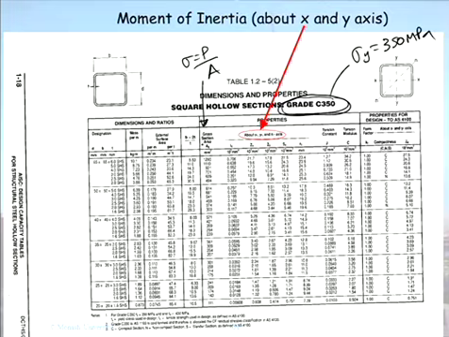So from your area column, you'll be able to choose an area and say, okay, the section I need here is a 50 by 50 by 1.6 square hollow section. So if you use that section, that dimension is the 50, that dimension is the 50, and the third number here is your thickness. So tension design, easy peasy.